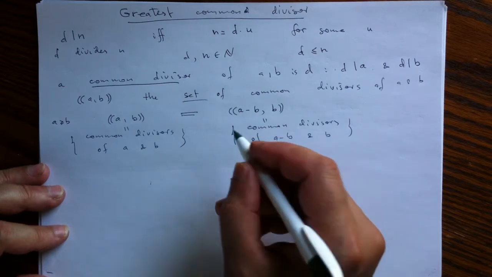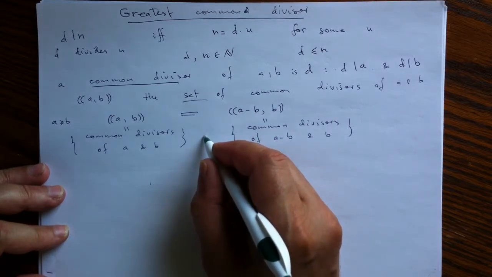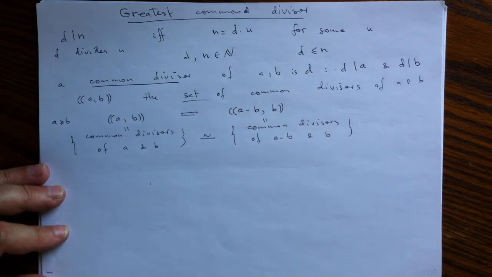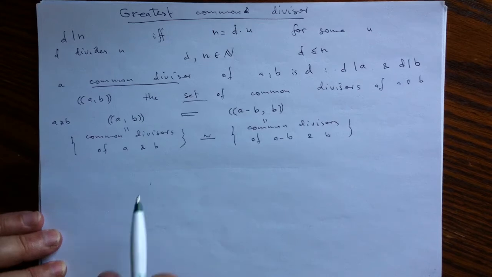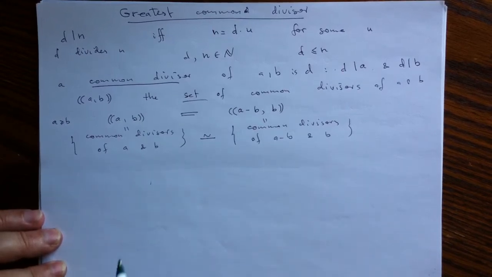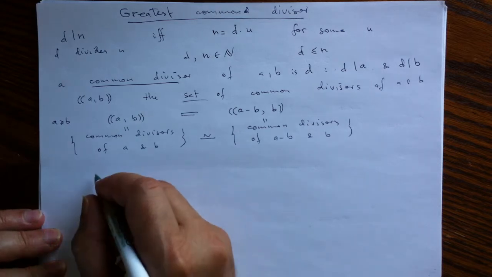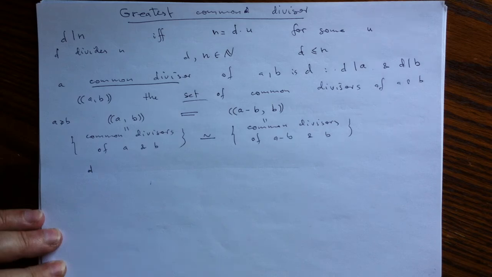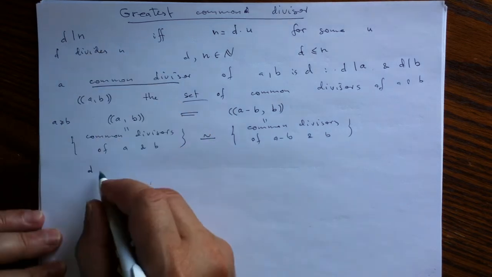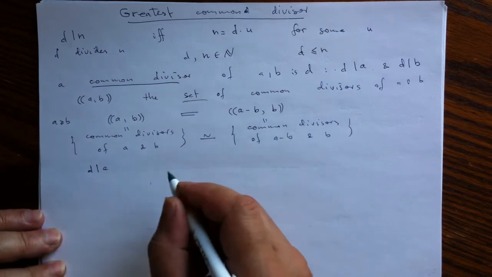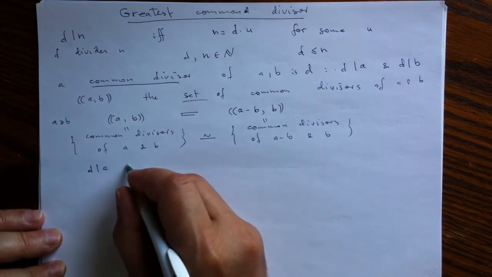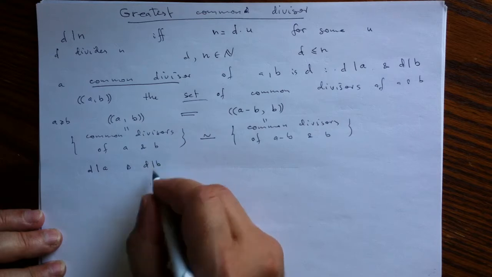What I have to construct is a procedure, a way of going back and forth between the two sets, and these two back and forth ways have to undo each other. Well, it would be good to write elements of these sets in a more concrete way. The first is just spelling out the words in division statements. The first pair of conditions is that d divides a and d divides b.